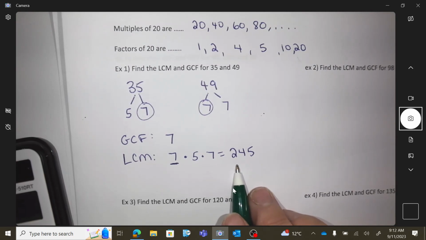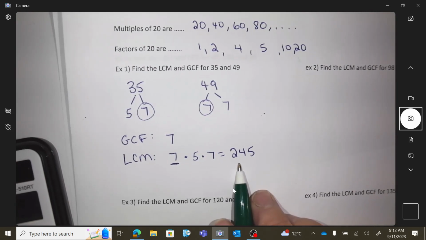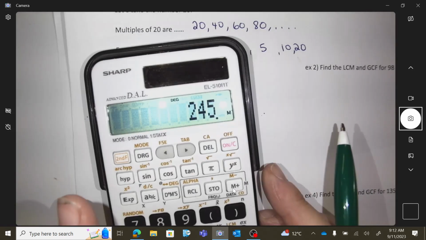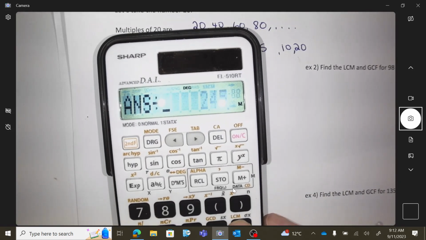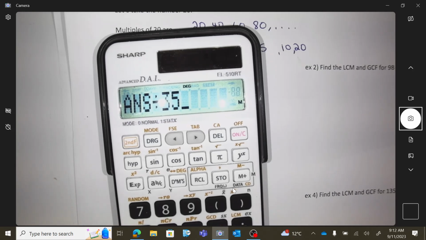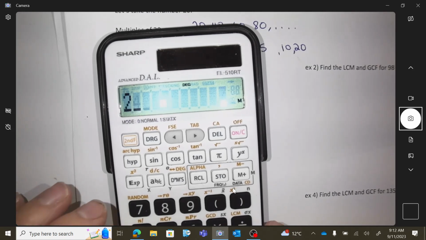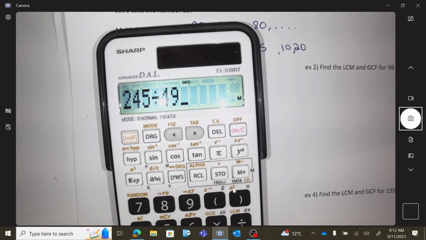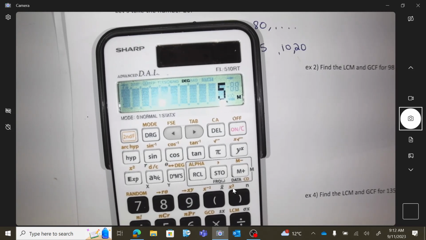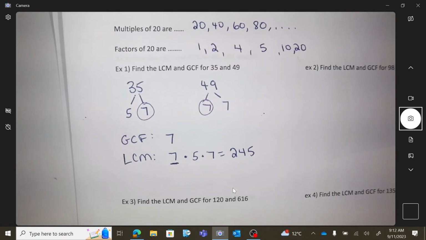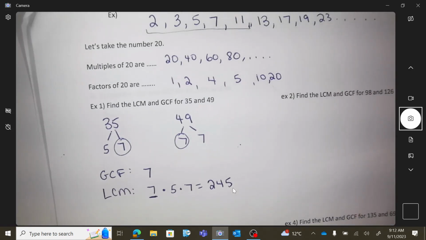So when you're talking about numbers, 245 is the first number you would get to that is divisible by 35, and 245 is divisible by 49. That's the first number you would ever find that you can divide both by. Okay, and that's the process.